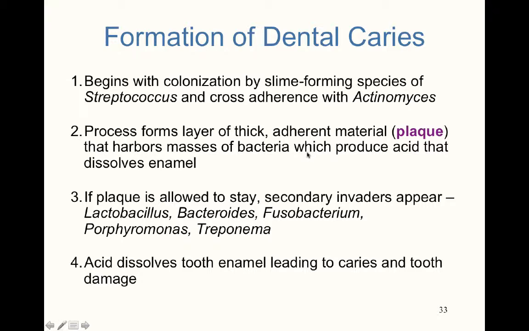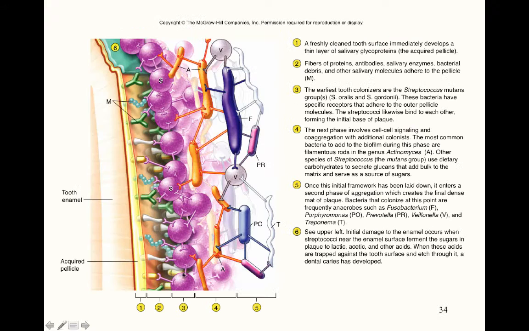So then the bacteria will produce acids that eat away at the enamel of the teeth, and if the plaque is allowed to stay, then you have future colonization with all different genera of bacteria: Lactobacillus, Bacteroides, Fusobacterium, Treponema, Porphyromonas, and this just perpetuates the eating away at the enamel and the formation of dental caries.